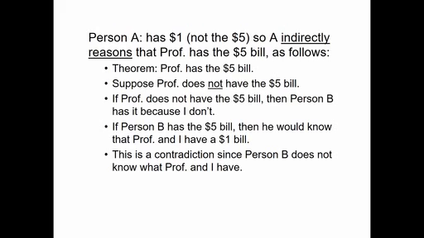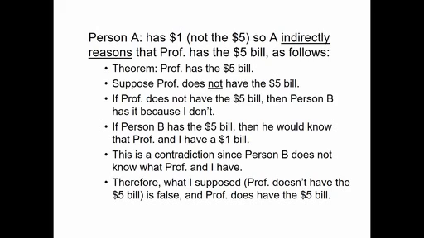This is a contradiction, since person B doesn't seem to know what Prof and I have, unless person B is just not very smart. But since he doesn't know what Prof and I have, therefore what I supposed, that Prof doesn't have the $5 bill, this one right up here, is false, and Prof must have the $5 bill.